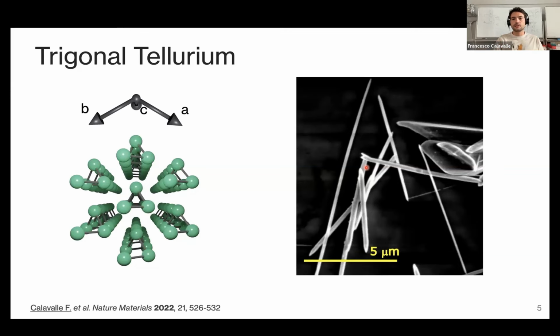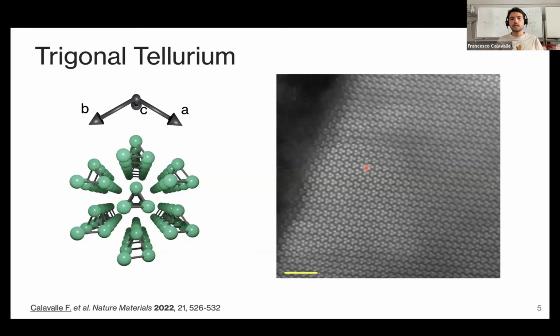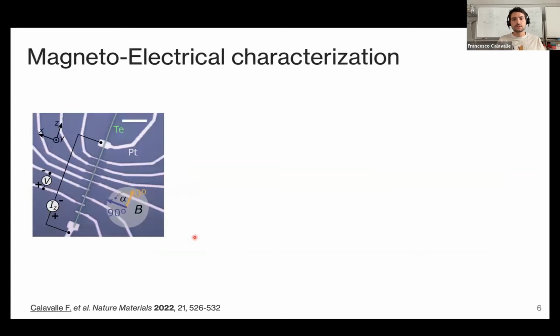We managed to synthesize single crystal nanowires, of which you can see the cross-sectional TEM image here, which we could deposit on a substrate to be contacted with standard e-beam lithography techniques.